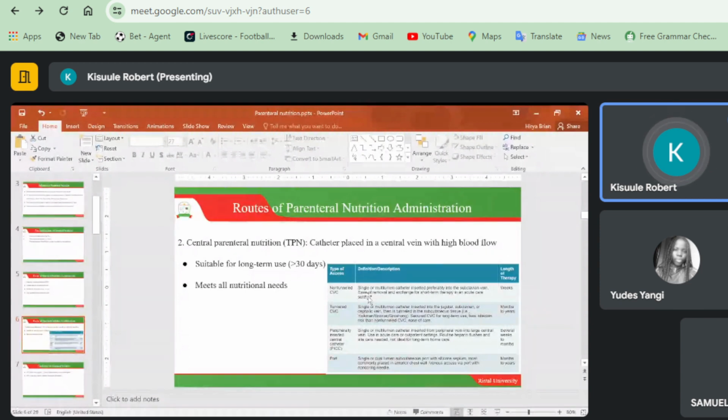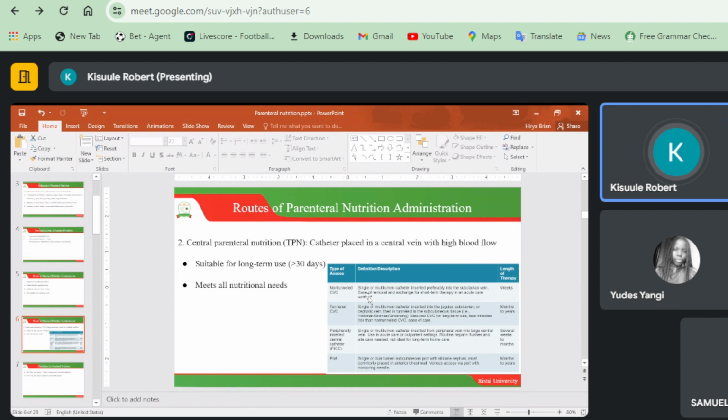Then we are looking at the central parenteral nutrition, or some people have called it the total parenteral nutrition. Here we are looking at a catheter being placed in the central vein with high blood flow. Okay, we are trying as much as possible to rejuvenate you. Here, the peripheral is fine. Some people can argue that the blood flow in those areas is a little less compared to when they are putting you on the central.